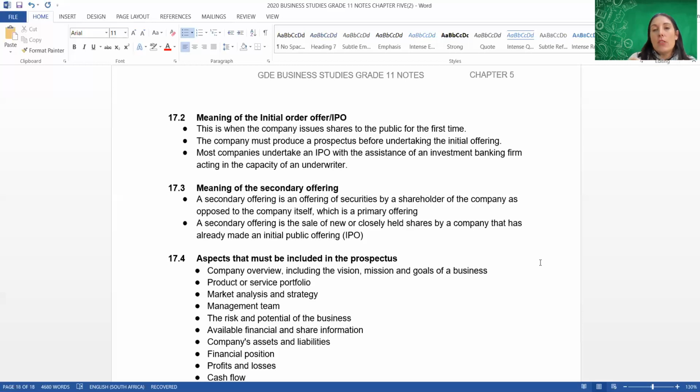That financial institution looks at the prospectus and decides, okay, we're going to take the risk and we will take up all those first share offerings, and then we will put it on the JSE to be sold.